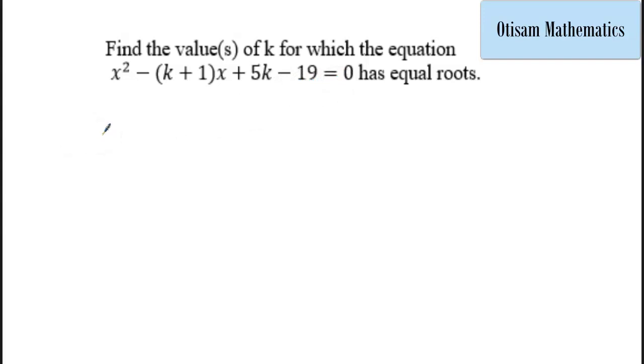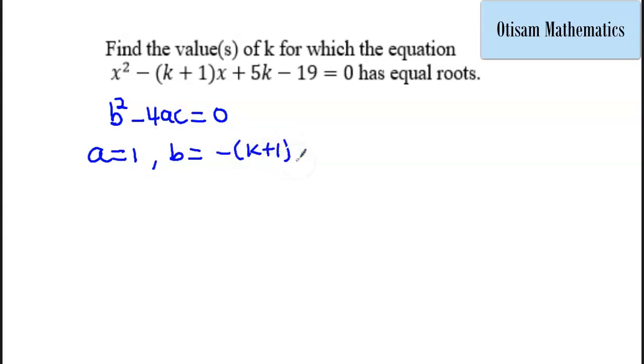If this quadratic equation has equal roots, then the discriminant, as we know, b squared minus 4ac is equal to 0. Now comparing this with the general equation, we have the leading coefficient to be 1, and then b is minus, in bracket, k plus 1, then our c is equal to 5k minus 19.